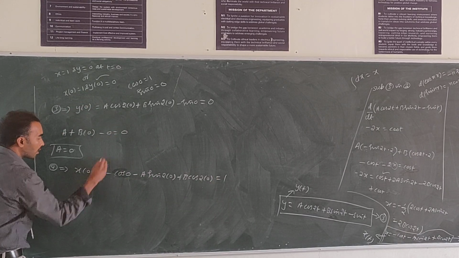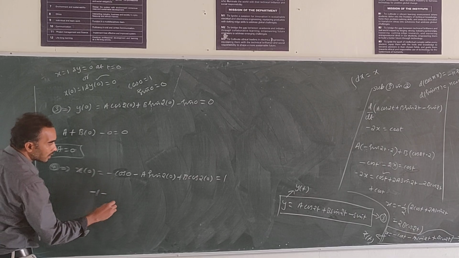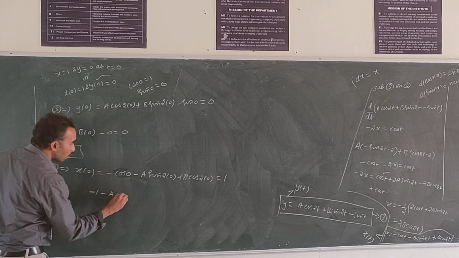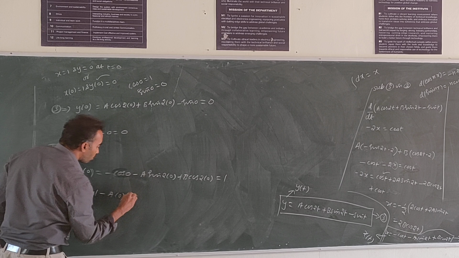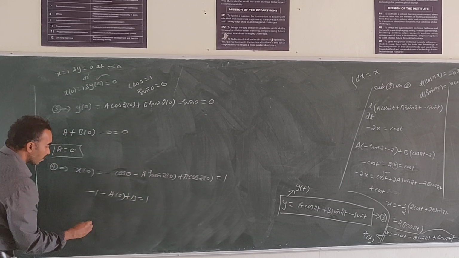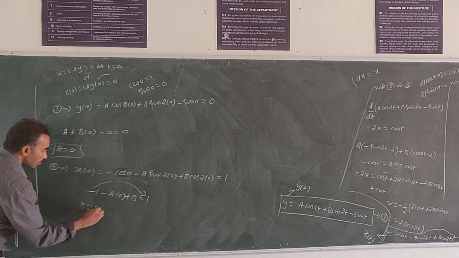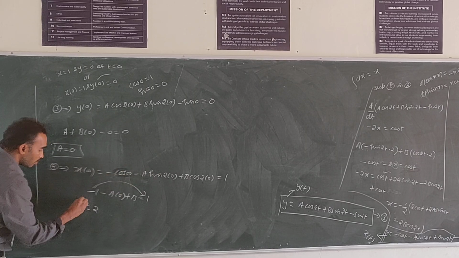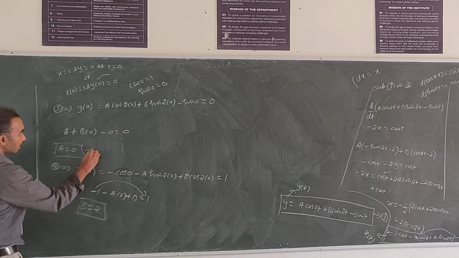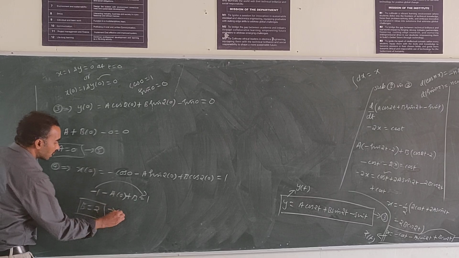Cos 0 is 1. So minus 1 minus a into 0 plus b cos 0, which is 1, equals 1. So what about b? Bring this here: 1 plus 1 is 2. Take this as 5, and that as 6.